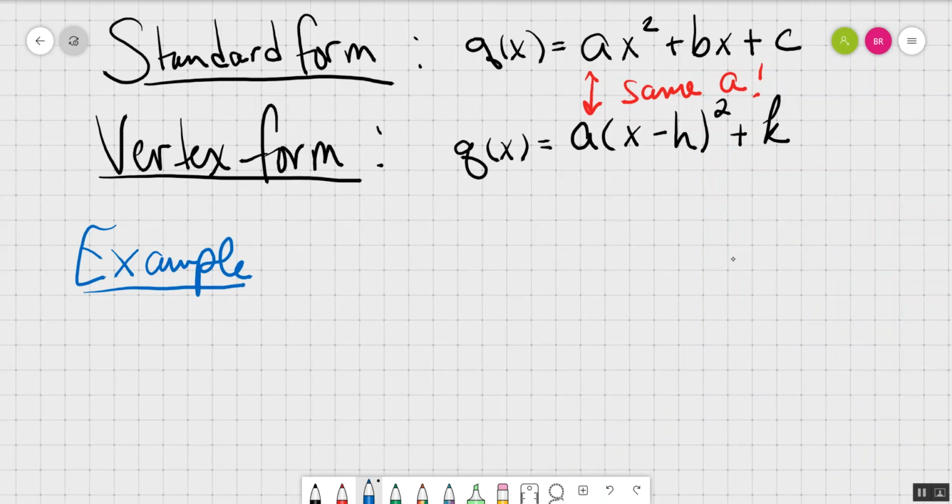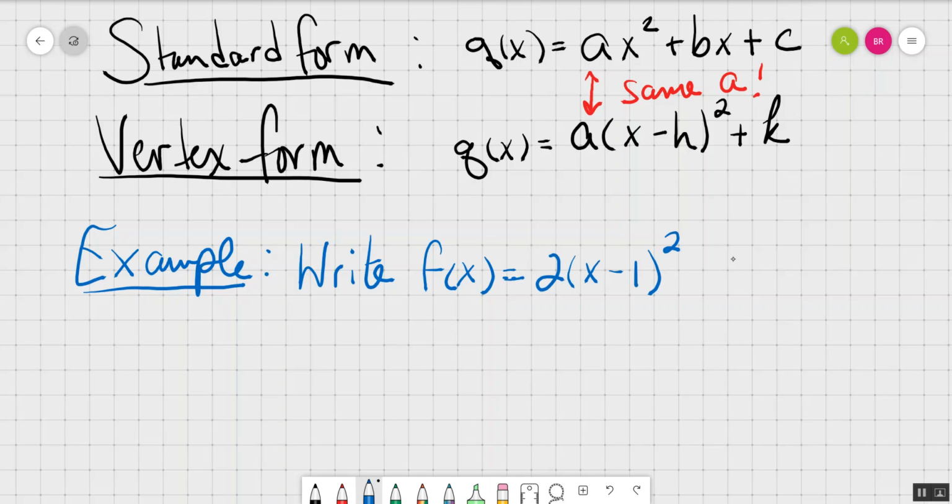I'm going to take an equation: f of x equals 2 times (x minus 1) squared plus 3. This is in vertex form, and we're going to write it in standard form.